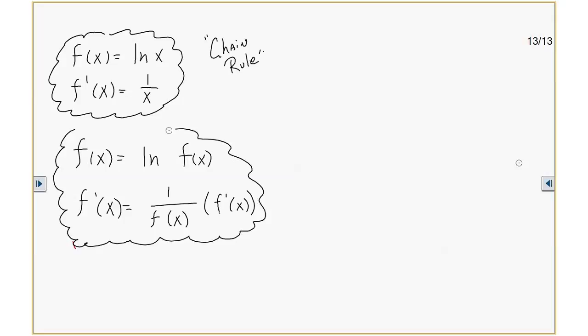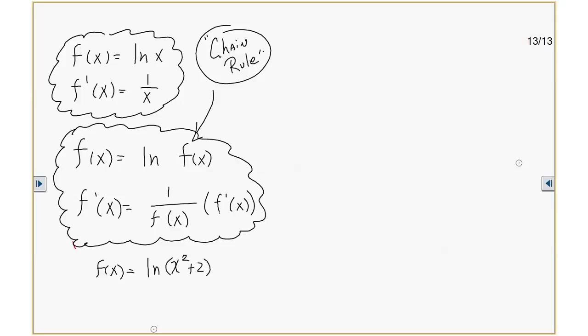And to me, that one is the chain rule. Okay, so if I give you an example of this, if f of x is equal to the natural log of x squared plus 2, then the derivative of that is going to be 1 over that, and then the derivative of what's inside is what? 2x.